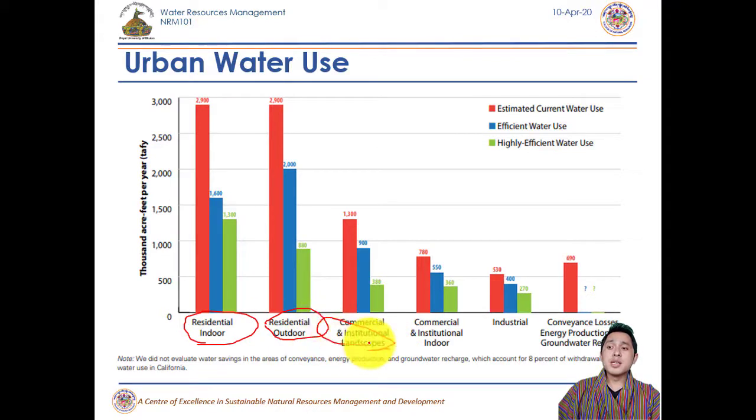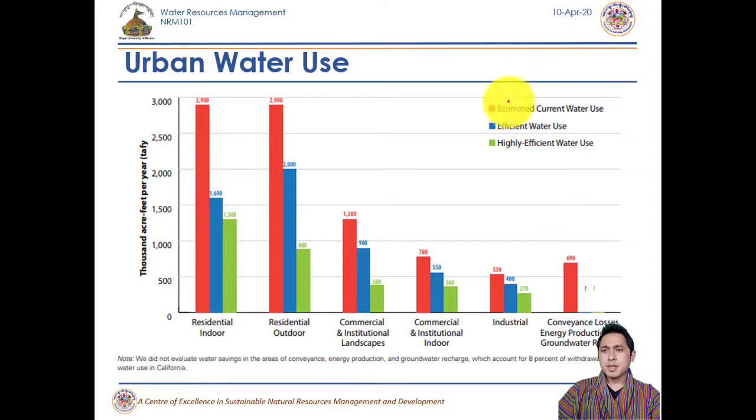We have got commercial and institutional, where we have institutions and some commercial places. Again, they use water for outside landscaping, and another for indoor. And we have got industrial, different kinds of industries in urban areas, and conveyance and losses, different kinds of losses that can take place in urban areas.